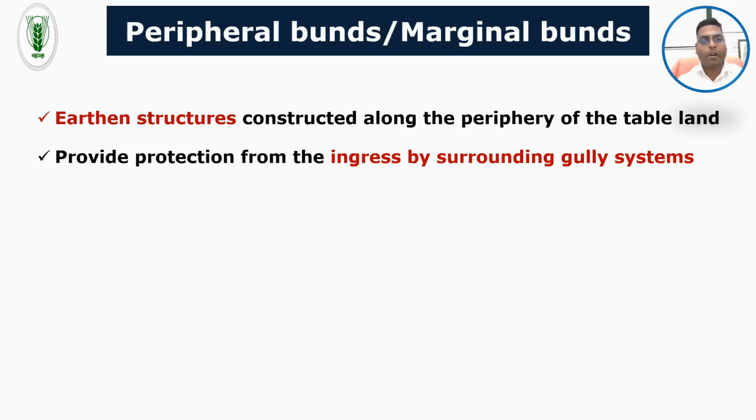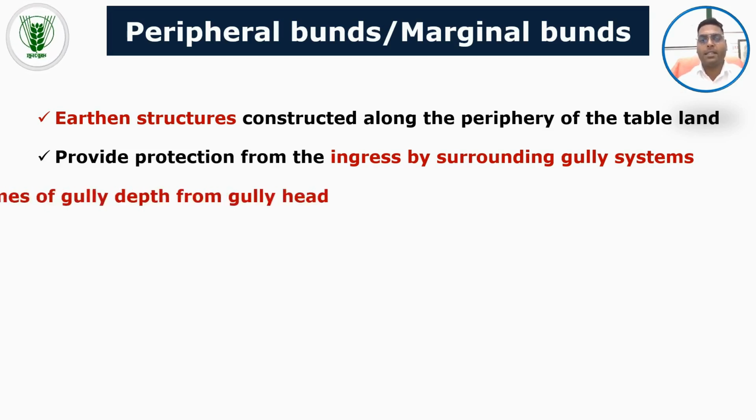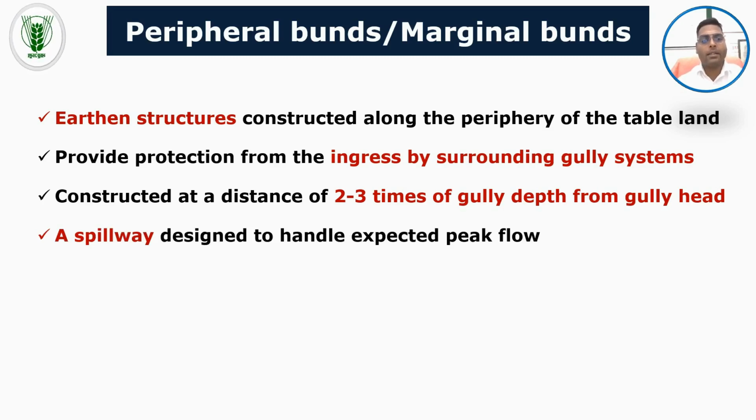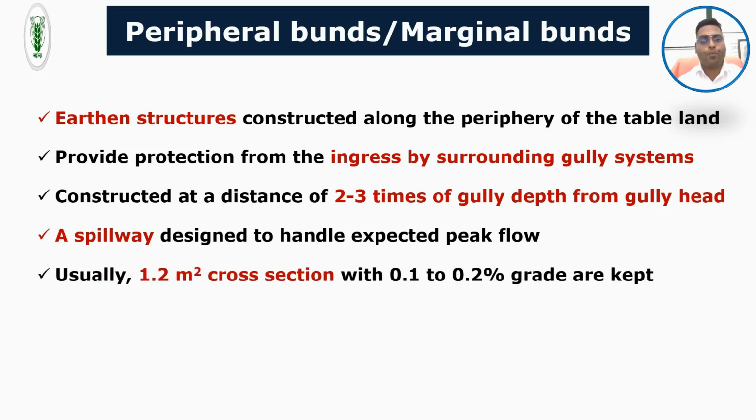They provide protection from the ingress by surrounding gully system. They are generally constructed at a distance of 2 to 3 times of gully depth from the gully head, and a spillway is also provided to handle expected peak flow.